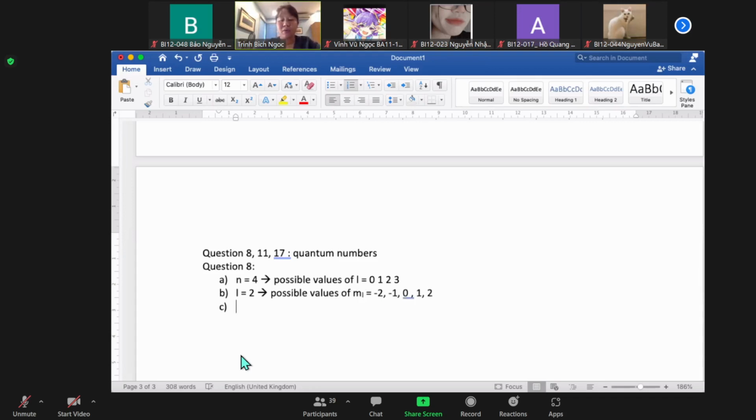Okay, so if your ml equal to 2, the possible value of L will be 2 and 3.